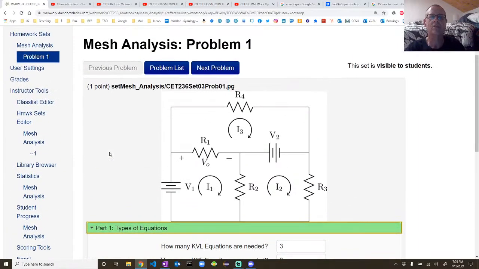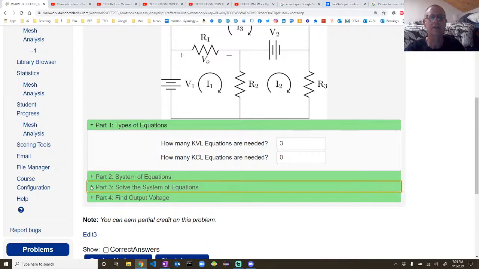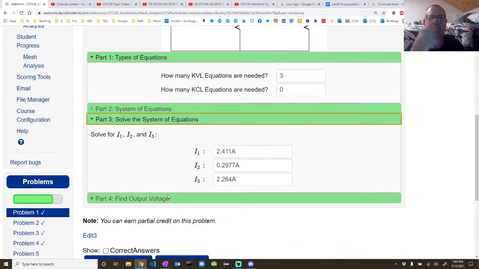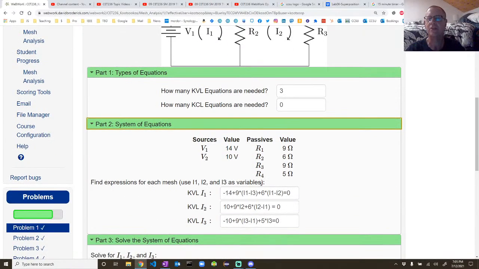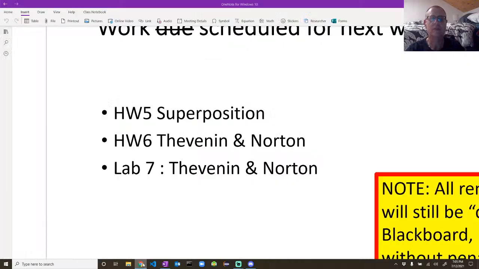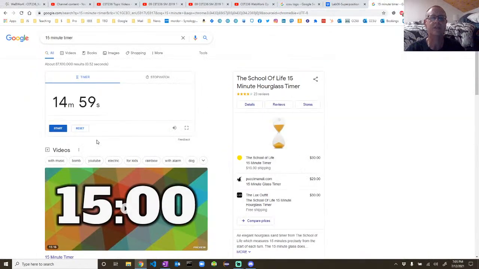This is question 1? Yeah, part 3. Well, it's looking for what the actual values are for I1, I2, and I3. All the values, okay. Yours will be different because you have different resistances and different voltages. Okay, yes. So let's leave it there, and I'll be back in about 15 minutes.